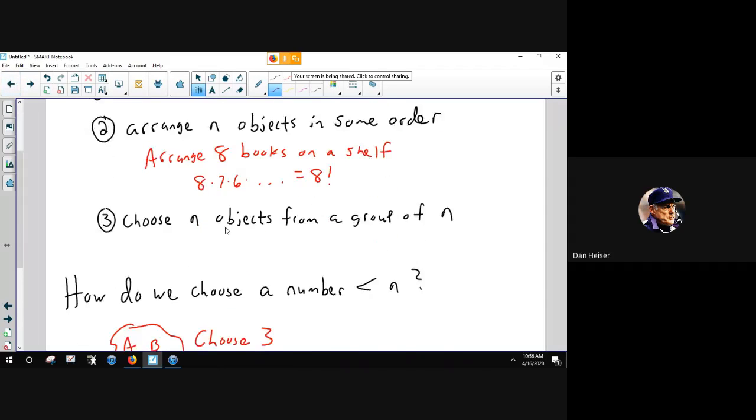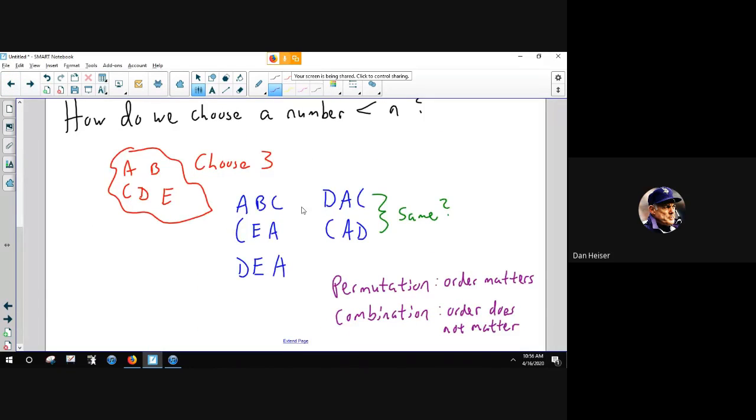In other words, let me look at this group, DAC. I can arrange this group 6 ways. The same 3 people can be arranged 6 different ways.